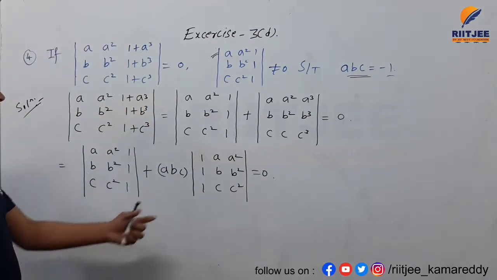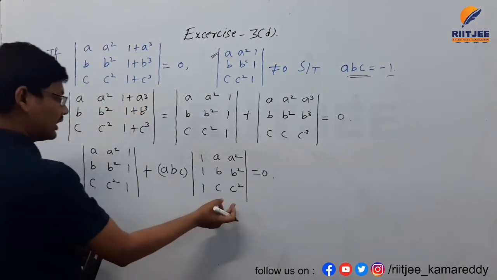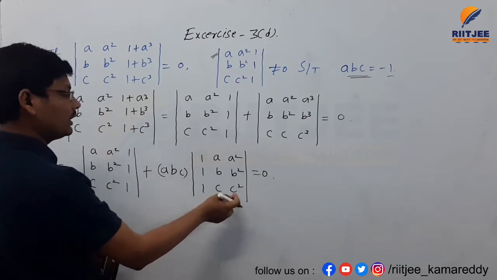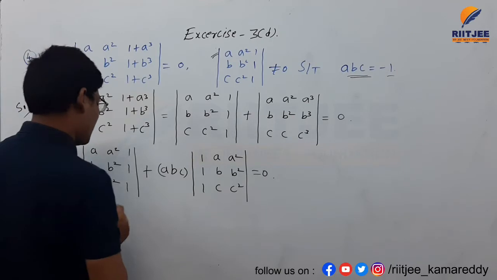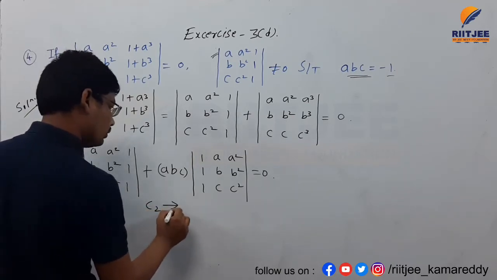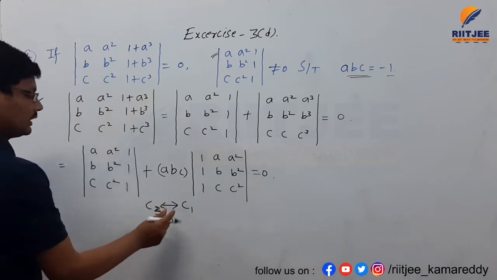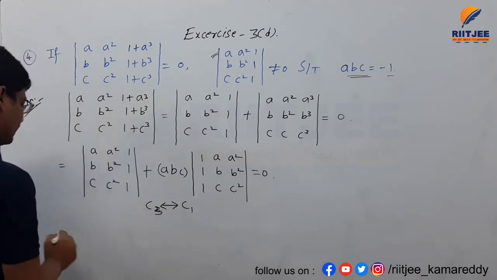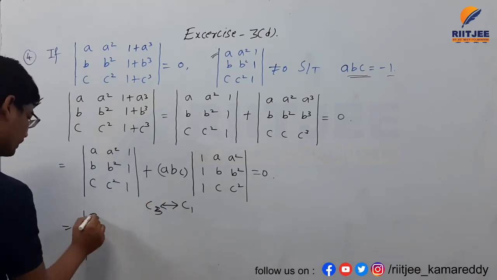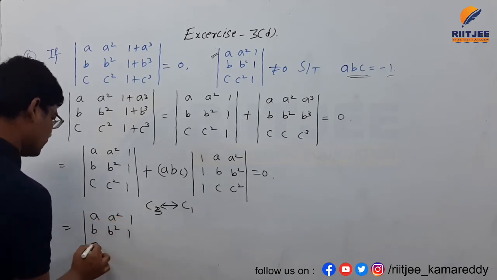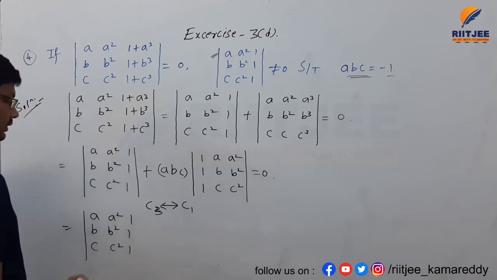And I'm interchanging here C2 and C1 as well as C3. First I am interchanging C2 and C3, and then C3 and C1, to get |a, a², 1; b, b², 1; c, c², 1|.